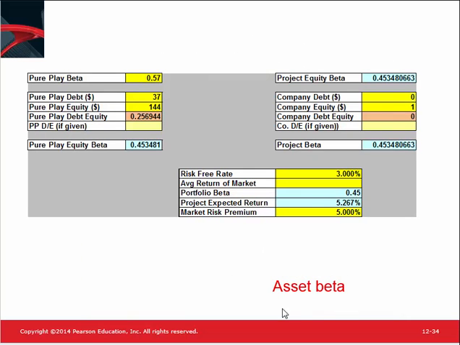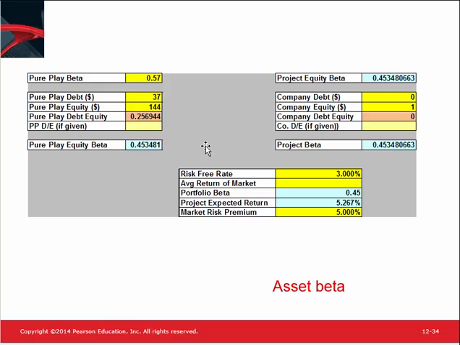We also have an asset beta worksheet. You can plug the information in here. Here's the beta of P&G. Here are their equity numbers. So the pure play equity beta should be 0.453.